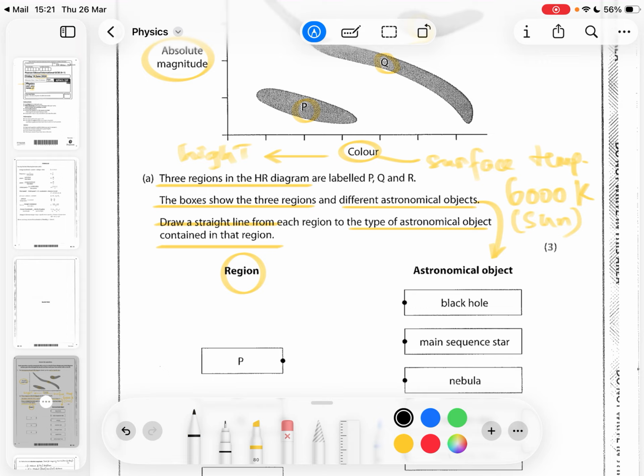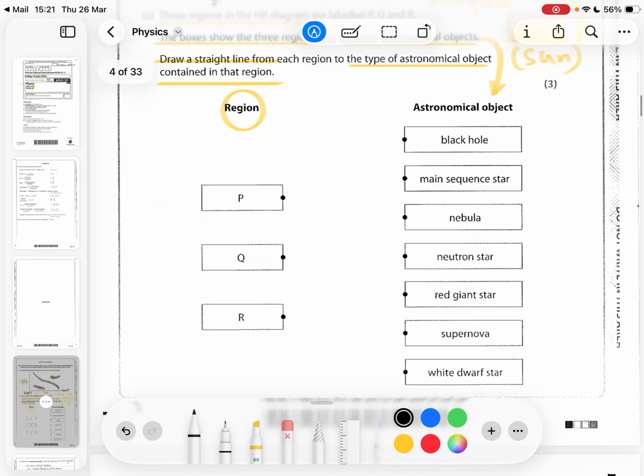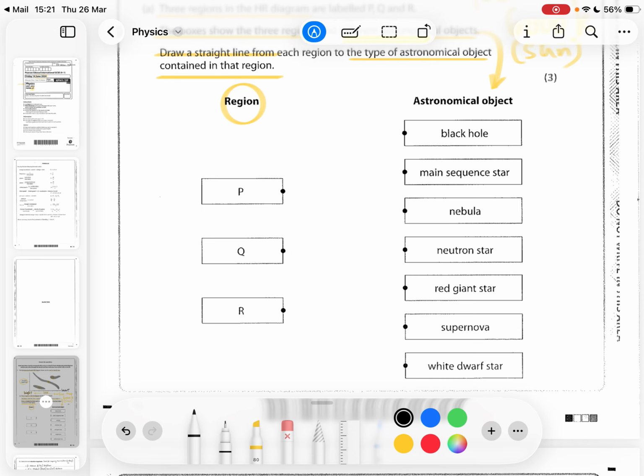So here is high temperature, and on this side is lower temperature. And these P stars, which are low in brightness but high in temperature, are the remains of a dead star. So we call them white dwarf stars. So you need to get a straight line between here and here. Now my Apple Pencil does that.